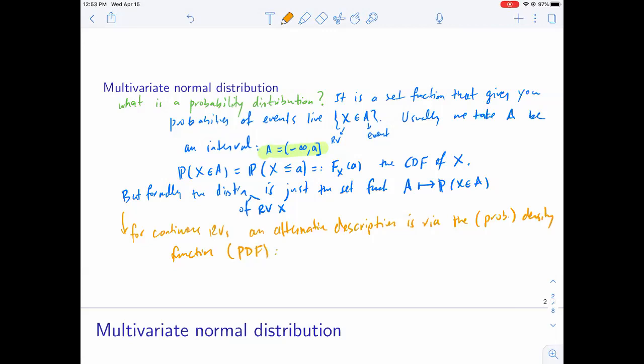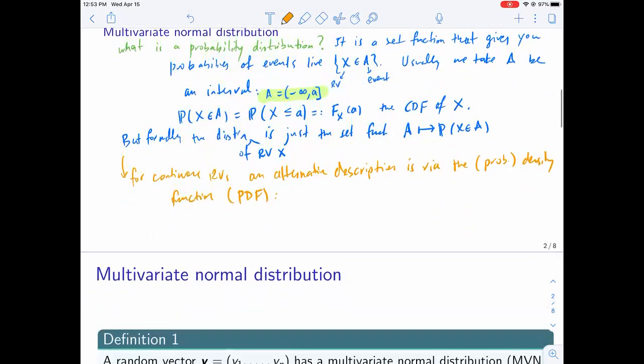So what is a PDF? Isn't it the lowercase f of x where you take the integral of it? Right. It's something such that when you integrate it over event A, it gives you the probability that X is in event A. So a density is something that, when you integrate it out, produces something of interest.